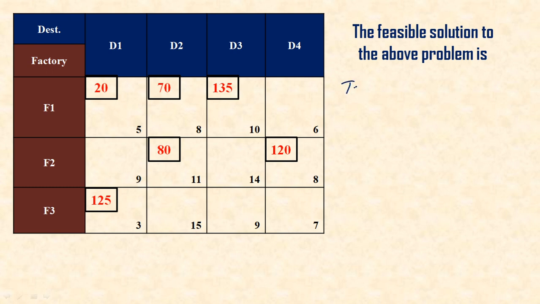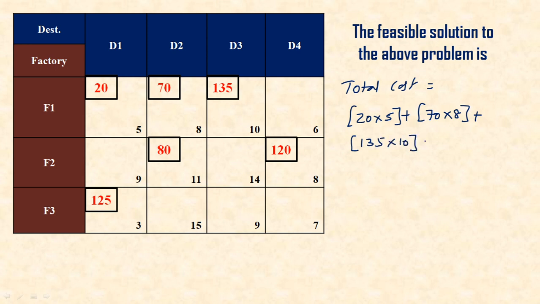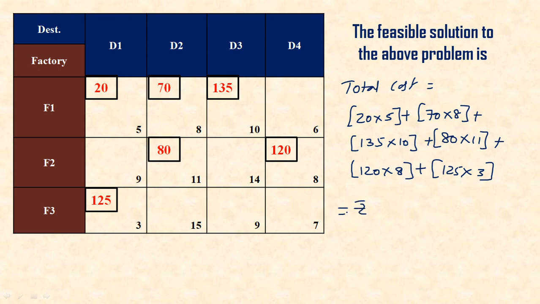Finally, the feasible solution is total cost equal to 20 into 5 plus 70 into 8 plus 135 into 10 plus 80 into 11 plus 120 into 8 plus 125 into 3, that is equal to 4225.